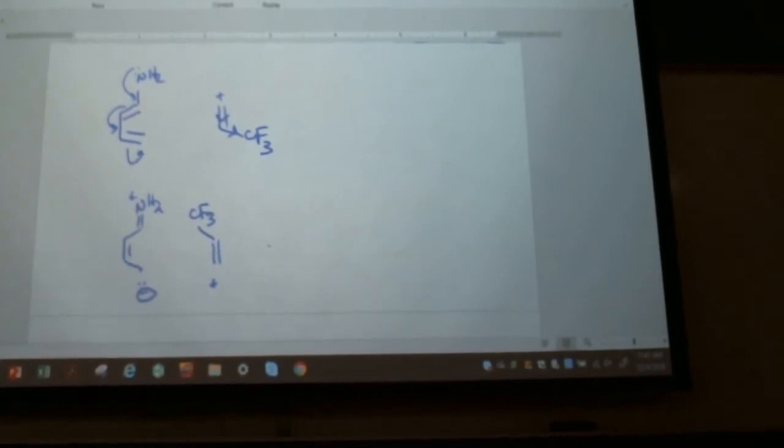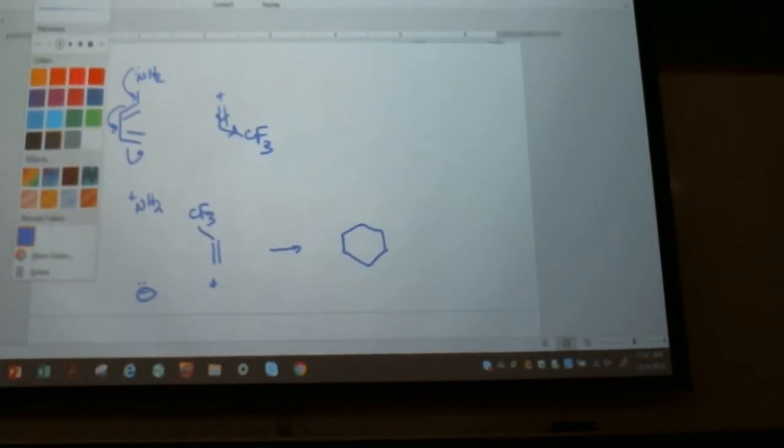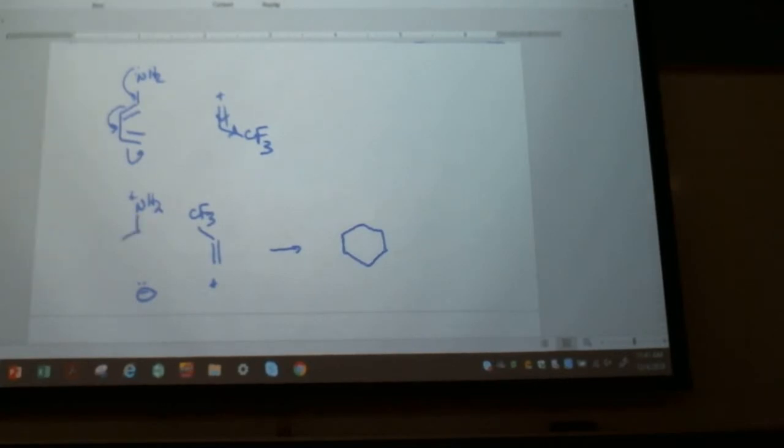So the endo rule would tell you that when you form, let me go back to how we usually get that figure. So when you form your cyclohexene, this is the new bond that is formed, and this is going to be underneath, and of course this hydrogen is going to be up, and this is going to be down.